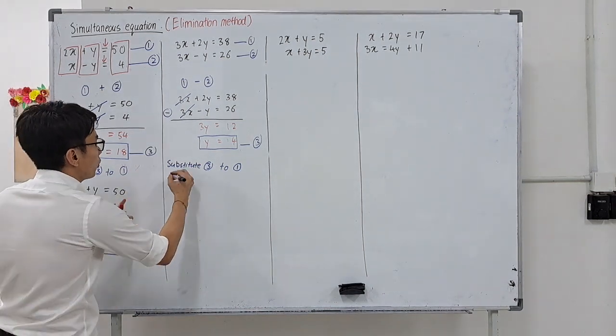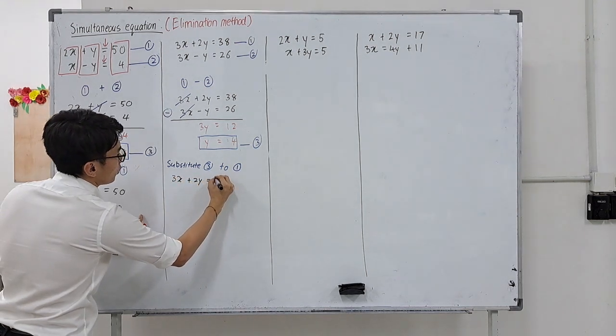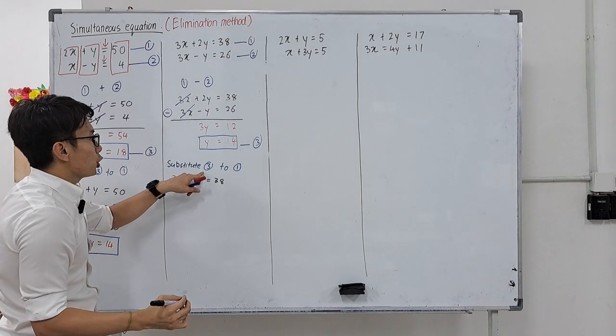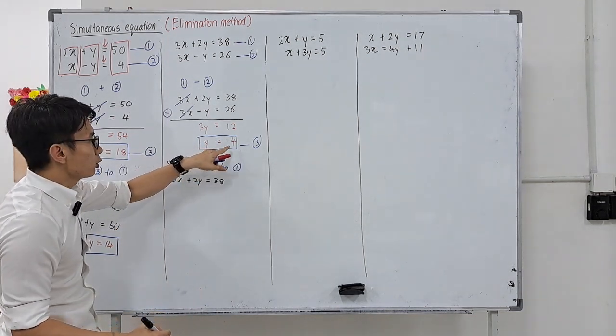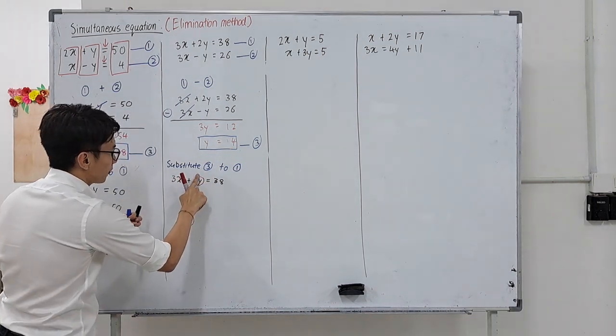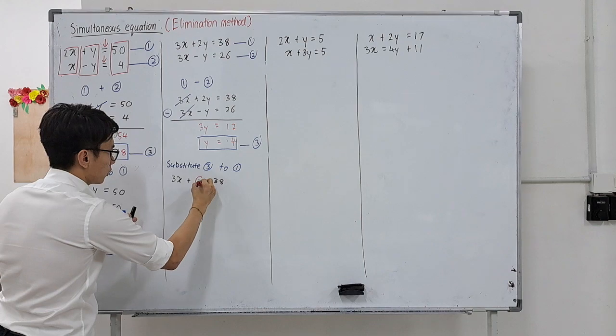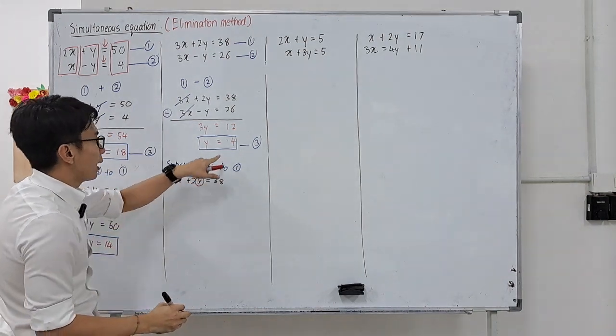So write down your equation 1 first. So that's 3x plus 2y equals 38. Alright, and 3 goes to 1. 3 is referring to this equation. Y is equal to 4, which means this y over here, that y over here, it's going to become 4.